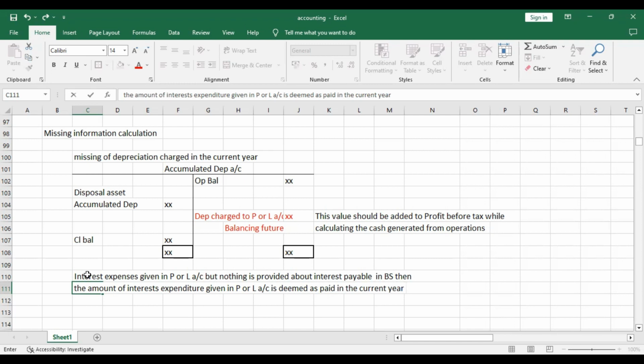Is it clear to you? Nothing is given in the balance sheet. Whatever the amount of interest expenditure given in the P&L account is deemed as paid in the current year.